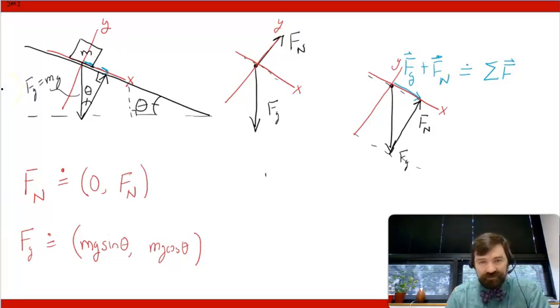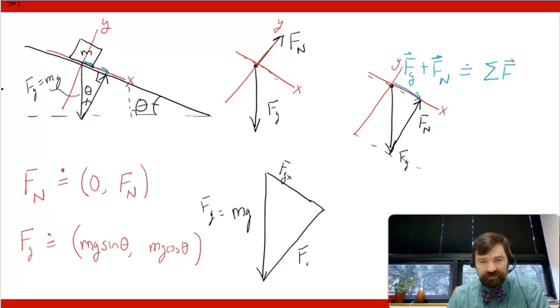So if I draw the triangle a little bit bigger here, this right here represents my gravity force. This right here would be my x component, and this right here would be my y component. So Fgx and Fgy. This right here is my angle theta, and this right here is my right angle.